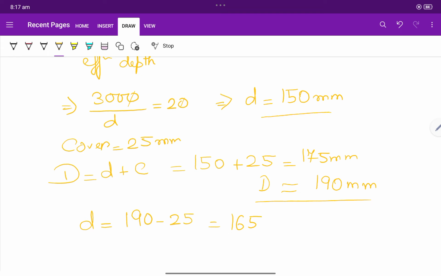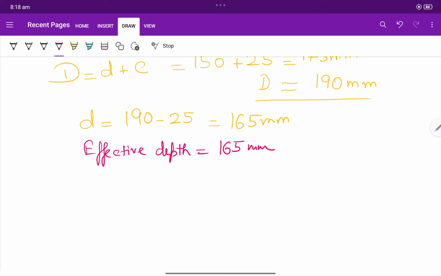We calculated 150, but in our further calculation we will take the effective depth as 165 mm.